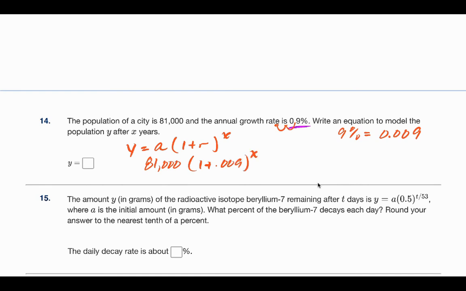We're going to raise that to the x power. But again, we can add that 1 plus 0.009, and that's what they're going to want you to do. And that will be your final answer. Okay.